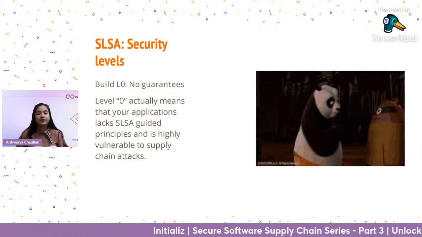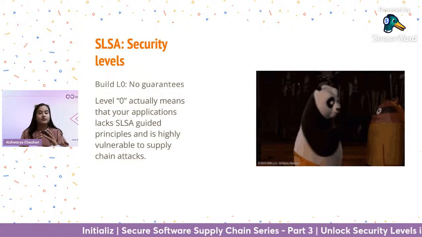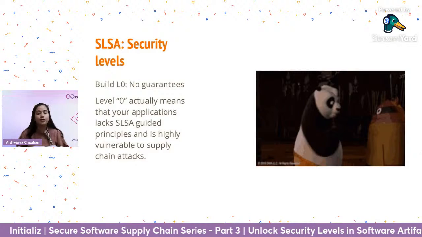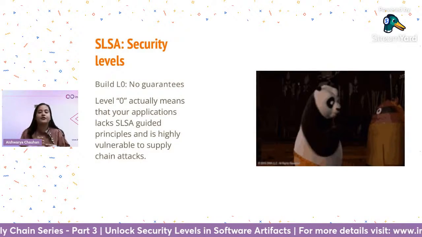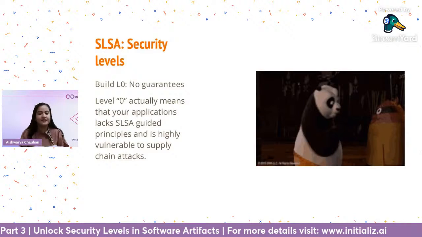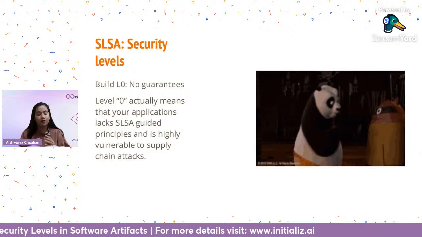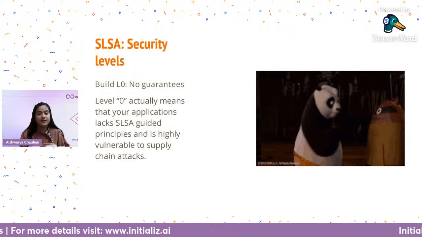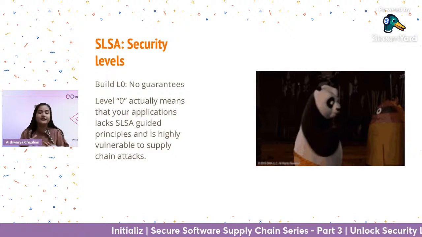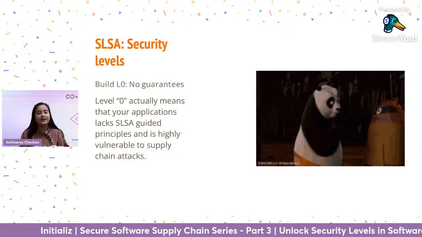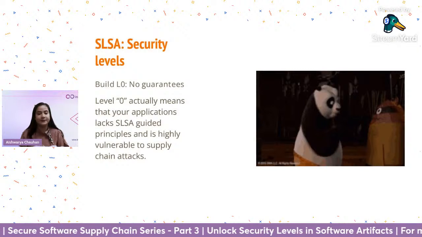Now we'll talk about security levels. SLSA requirements are arranged into 4 levels, where each level further improves the supply chain security posture. The following list of levels will give a high-level description of each of the SLSA levels. You can see the GIFs on the side, and it will be easier for you to understand.